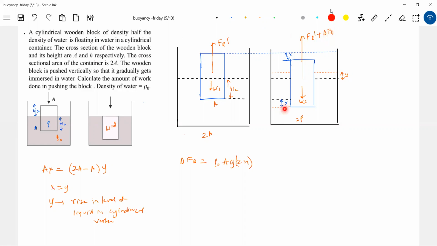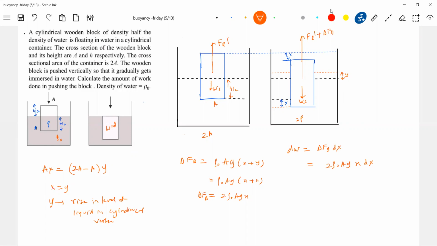It is a function of X. Some of you are asking, sir, justify. It comes out like this: 2 rho naught A g X. What is the work done? The external agent should overcome this much, and this is a variable force. So dW equals delta Fb into dx, which is 2 rho naught A g X into dx.